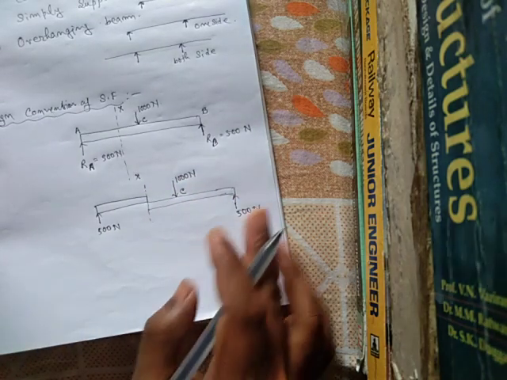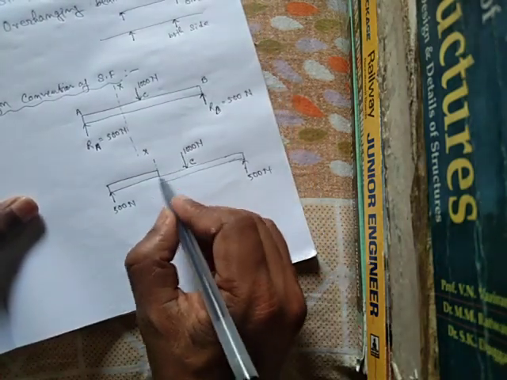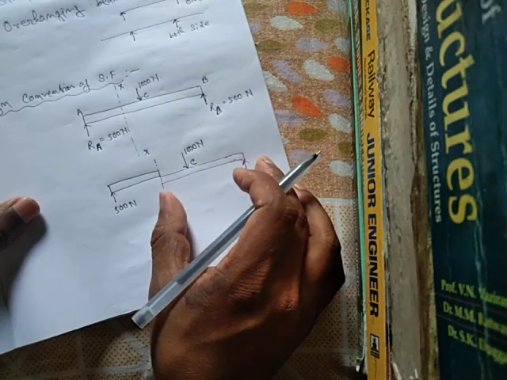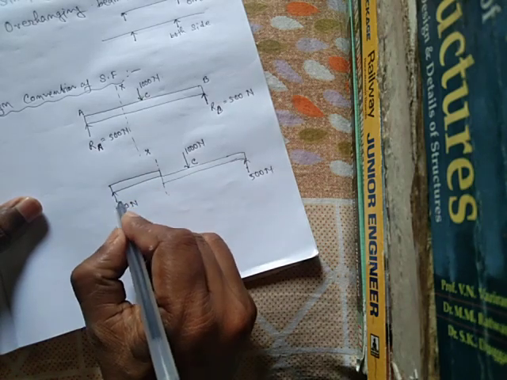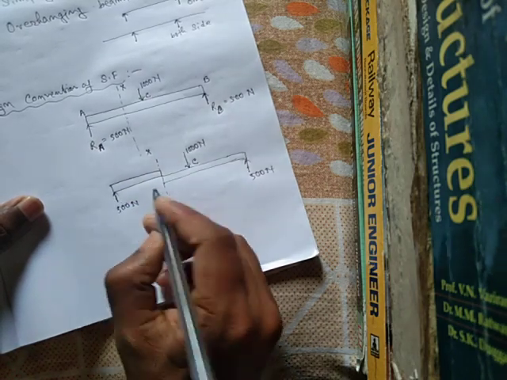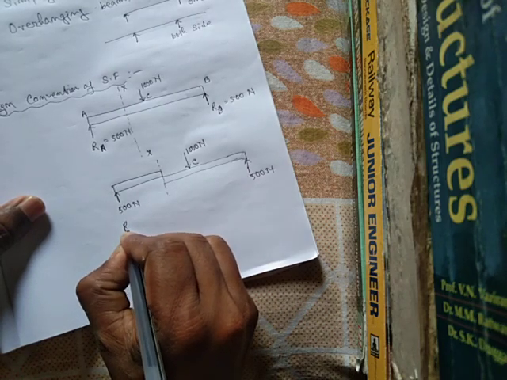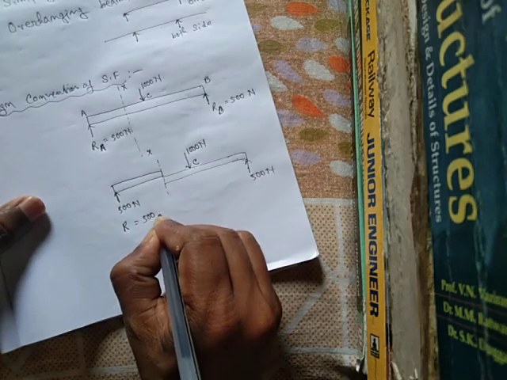Now, what is the resultant force at the right side section, and what is the resultant force at the left side? Obviously at the left side section, the resultant force is in the upward direction. 500 Newton is upward.